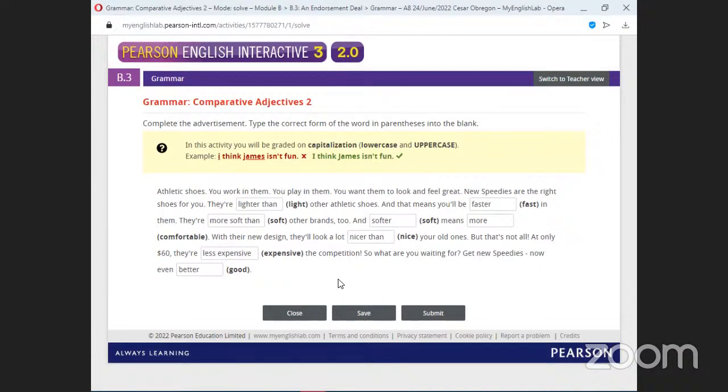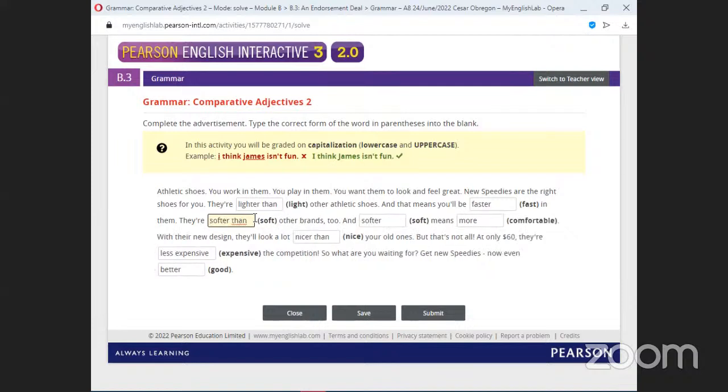They are more soft than other brands. It's not that, they are softer than other brands. Yes, they are softer than other. Okay. And softer means more comfortable.